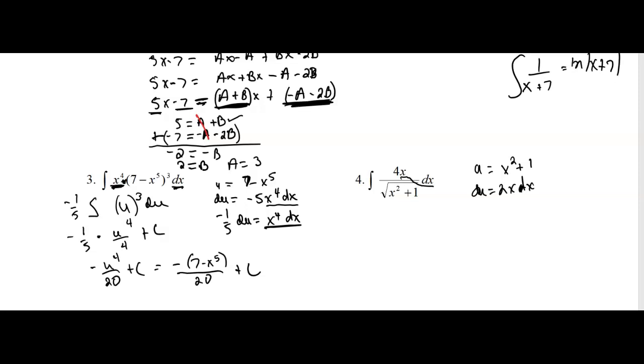A couple different options. We could, if we want, take this 4 and pull it out in front. And then if we look at this, we would say, all right, if all I want is this x dx, I could divide that half over and get the x dx that we need. And then that would ultimately put a half in front, so our coefficient ends up being a 2. That's a viable option.